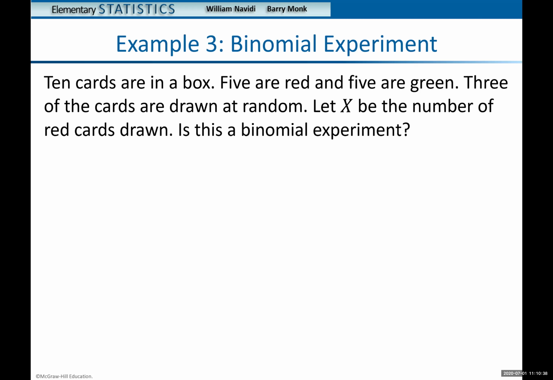How about number 3? 10 cards are in a box. 5 are red and 5 are green. 3 of the cards are drawn at random. Let x be the number of red cards drawn.